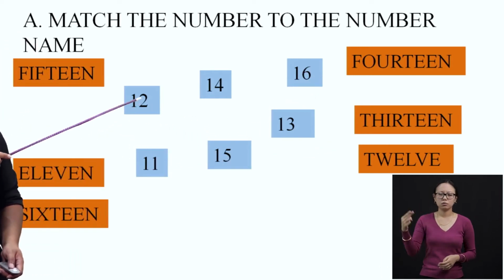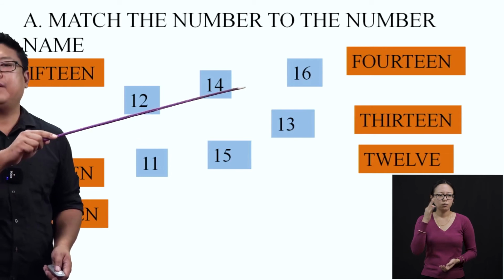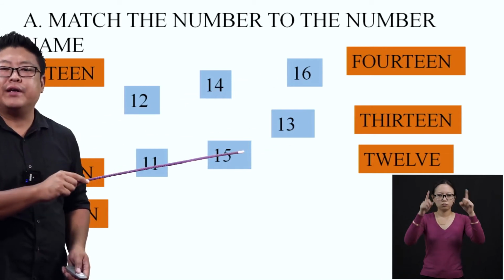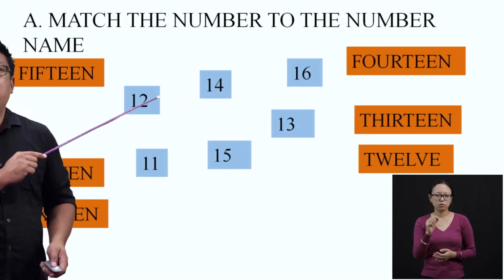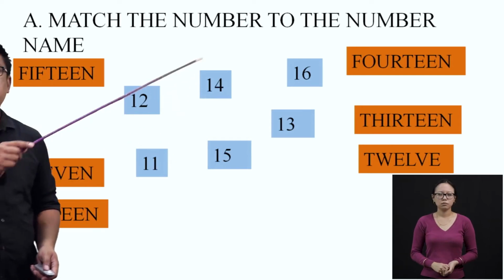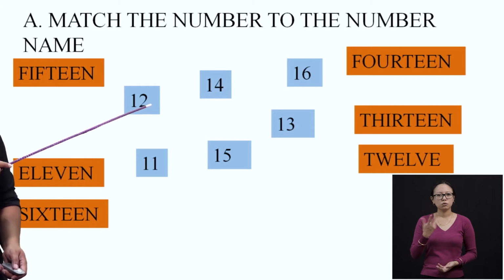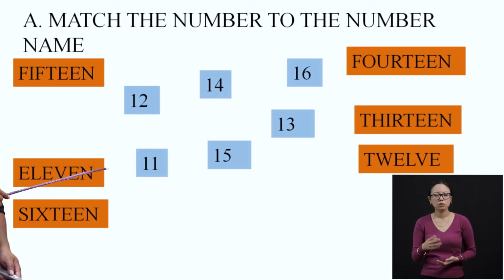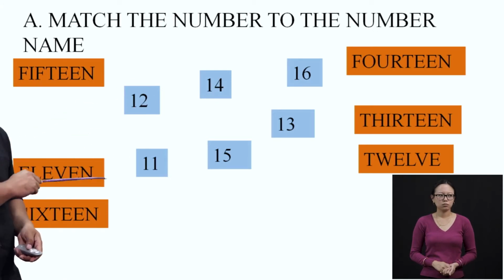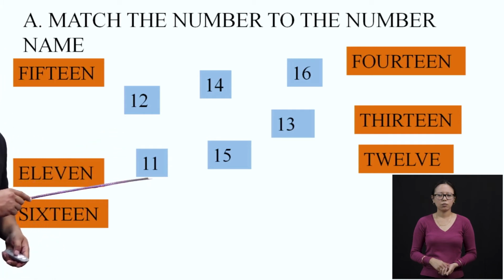And if you look at the blue boxes, you will find different numerals given here. All right. So what we have to do is make a line and join the number to their number names.